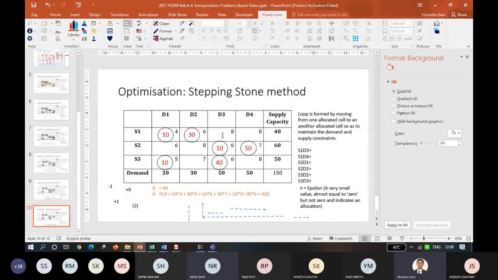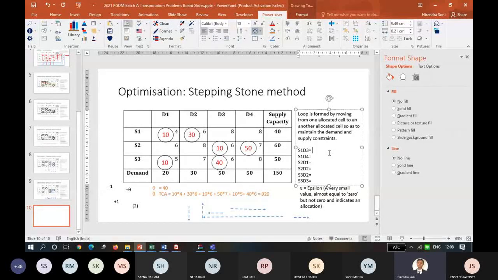Now, if I consider this cell, my loop would be formed from S1D3 to S3D3, S3D1, S1D1 and back. So S1D3 will be 8 minus 6 plus 5 minus 4.